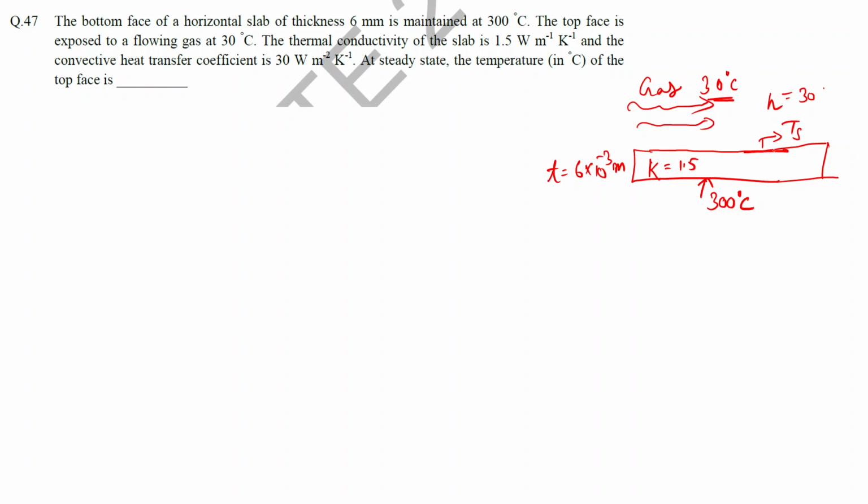So here initially we have been given the temperature as 300 degrees Celsius, and then we will be having conduction resistance over here, that is R1, and then over the surface we will be having convective resistance, that is R2, and ultimately the temperature over here is 30 degrees Celsius, and over here we are having Ts, that is the temperature of surface.